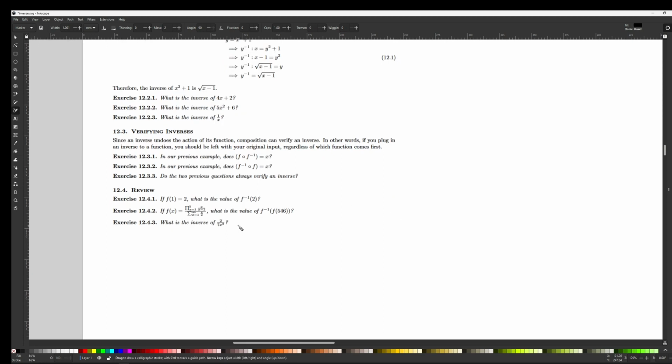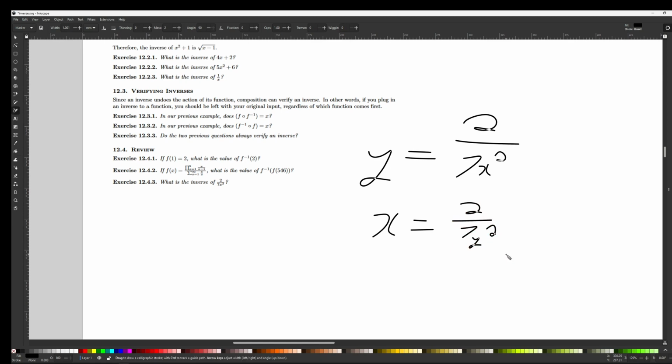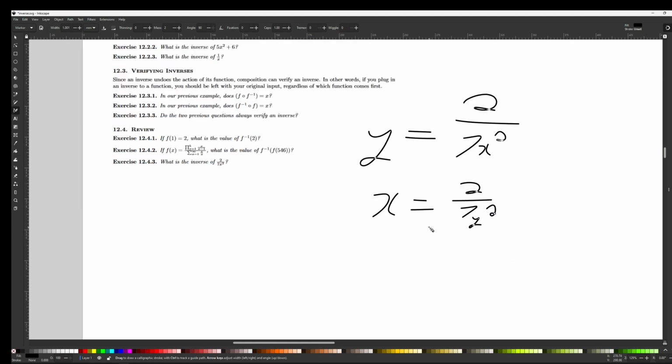What is the inverse of 2 over 7x squared? Okay, y is equal to 2 over 7x squared. We're going to change the y into x. X is equal to 2 over 7y squared. Now we're going to take the reciprocal of both sides in order to isolate y. 1 over x is equal to 7y squared over 2.